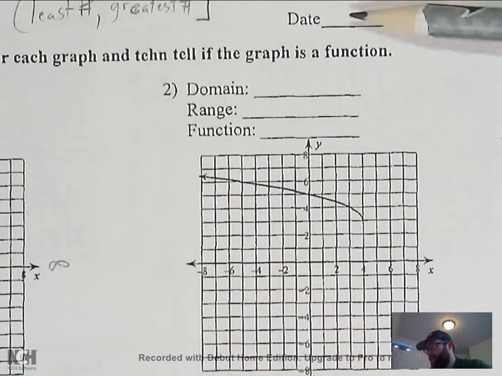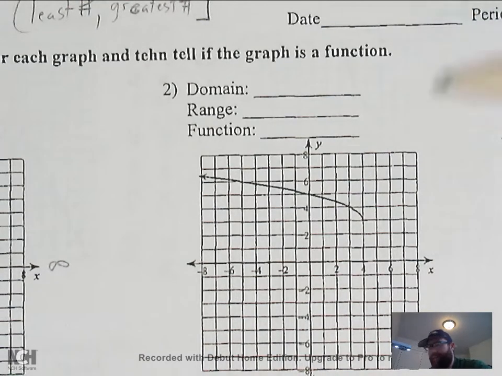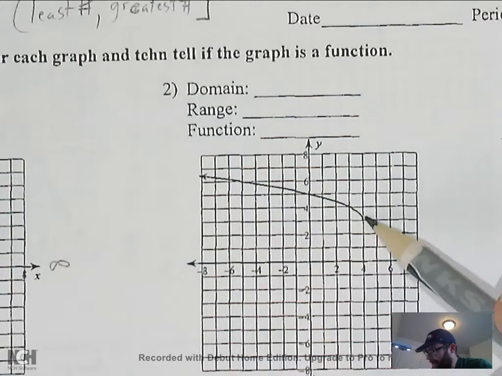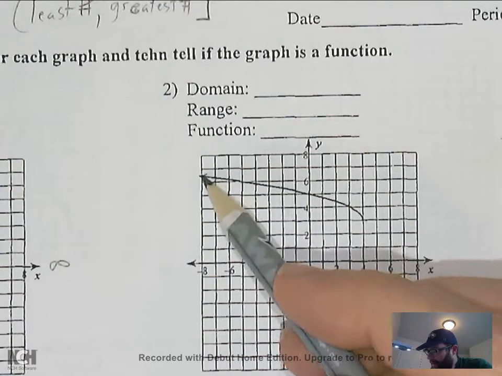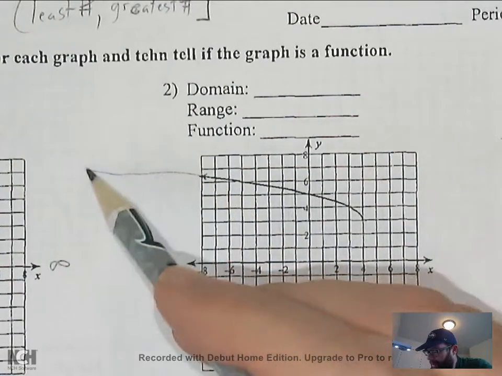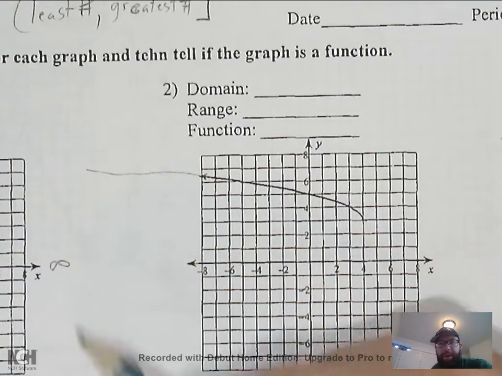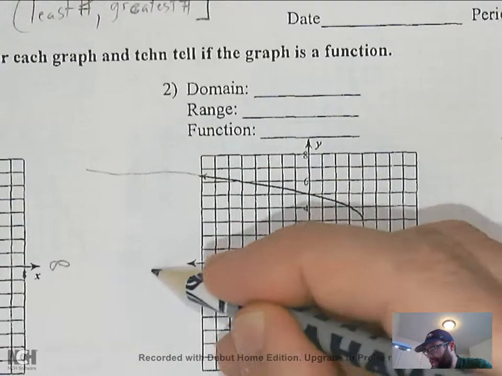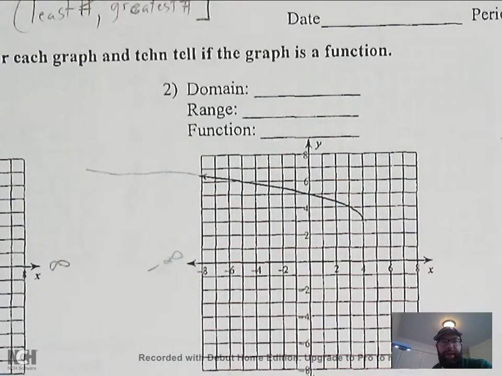So, domain. Again, that's just your left and right. Okay? As we look, it has an arrow going off here, but it stops here, right? So arrow means it keeps going that direction forever. So it is going left forever. So left is the negative infinity direction, right?